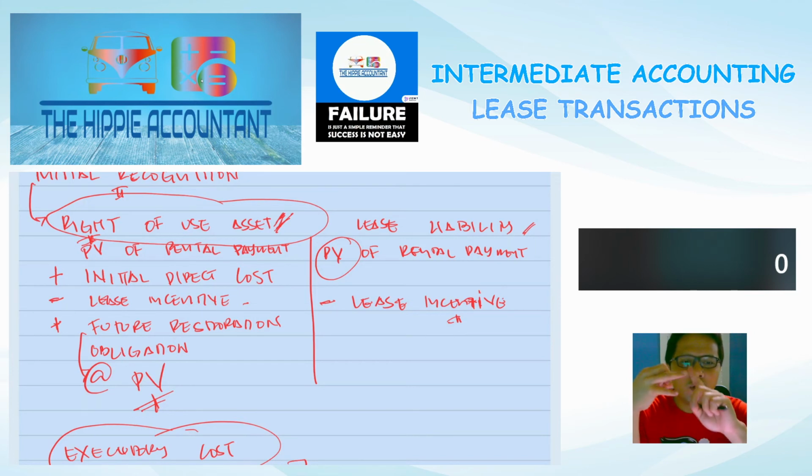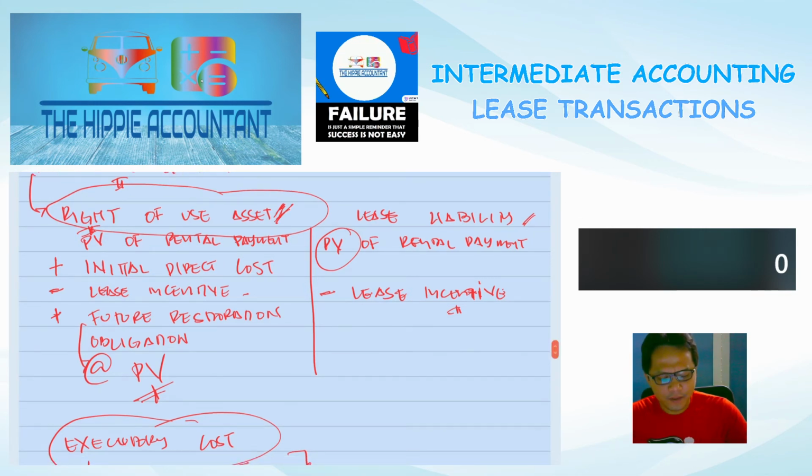However, commonly practice kasi na yung lease incentive is given at the start of the lease pa nga, hindi in the future as a deduction to your initial direct cost. Kaya most of the time, deducted lang siya sa right of use asset. Okay? But what is correct is that it is to be considered sa right of use asset and sa lease liability. Okay?